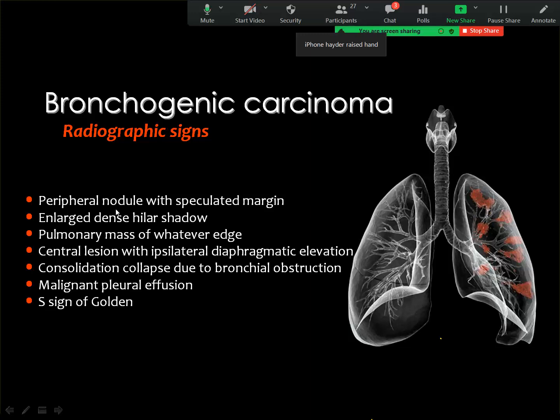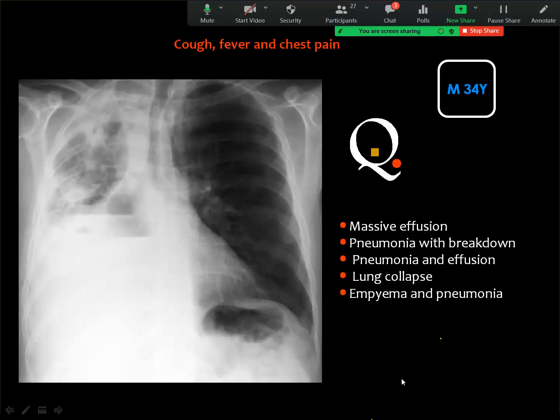Number one is a peripheral nodule with a spiculated margin, or enlarged dense hilar shadow, or pulmonary mass of whatever edge and whatever density. It should be solid, of course, whether it contains calcium or not. Or you got a central lesion with ipsilateral diaphragmatic elevation due to phrenic nerve paralysis, and the consolidation collapse due to bronchial obstruction, malignant pleural effusion, and the S sign of Golden.